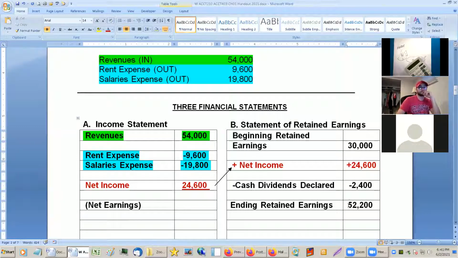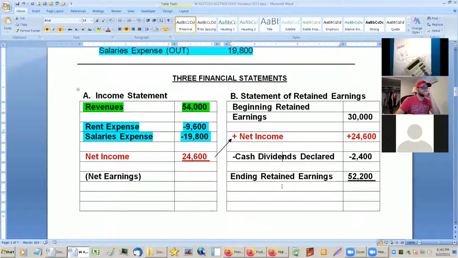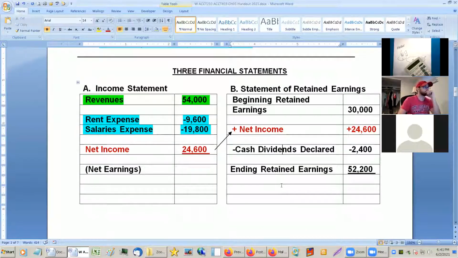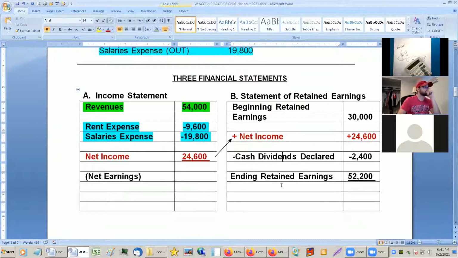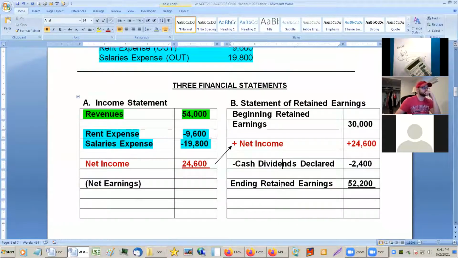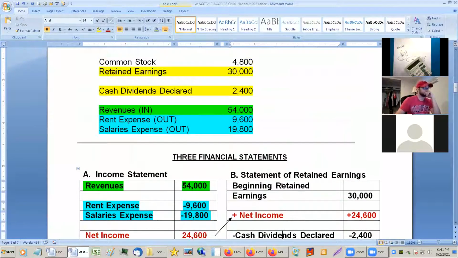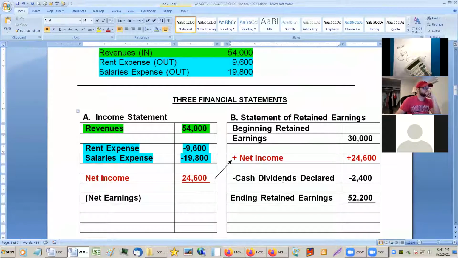So that's our ending retained earnings. So the owners still have 52,000.